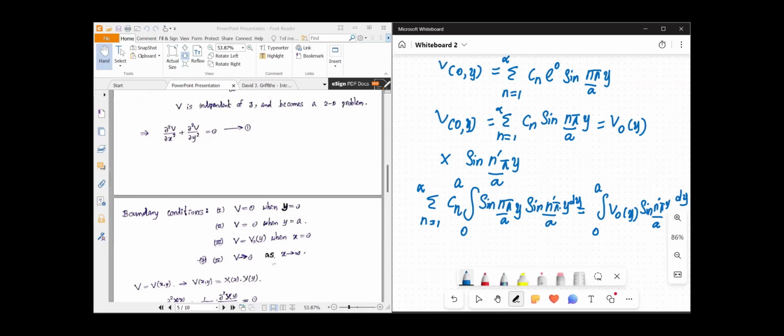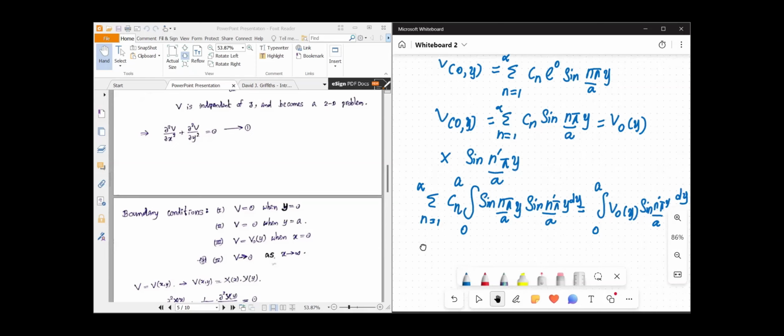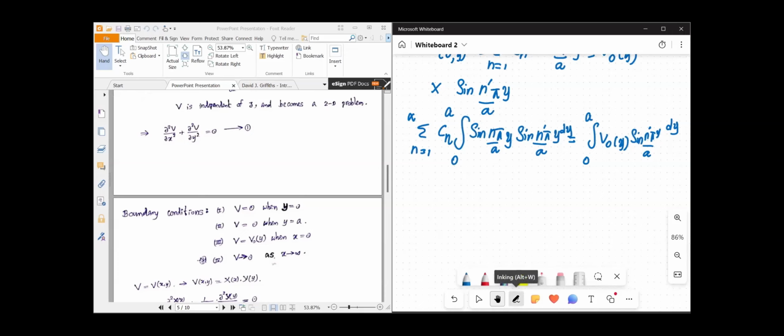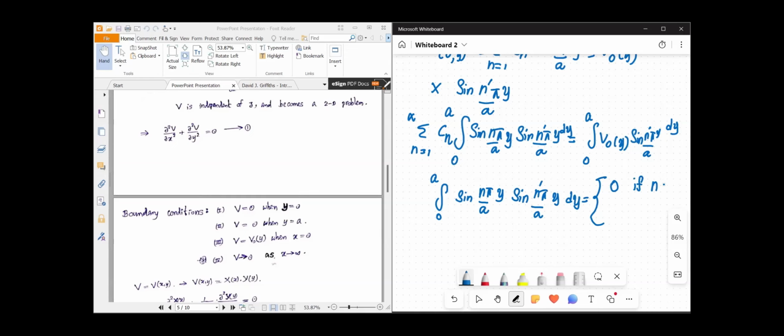If I consider this whole term, the solution for this integral, the integral from 0 to a of sine nπ y over a times sine n prime π y over a dy, is going to be 0 if n is not equal to n prime, and it is going to be equal to a over 2 if n is equal to n prime.